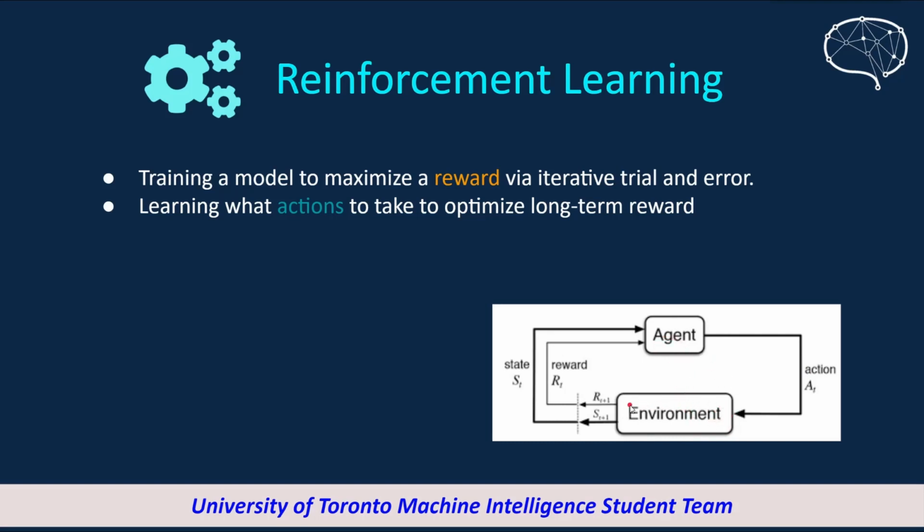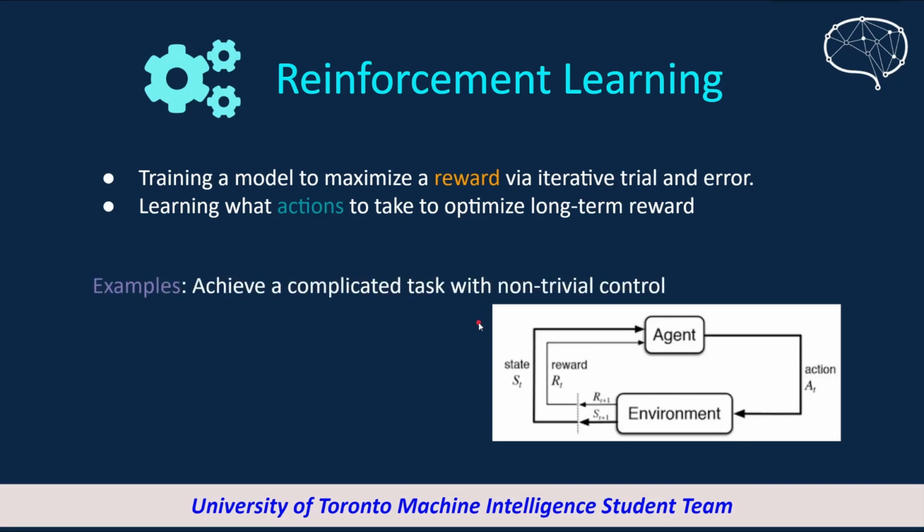And the environment will give 2 data here. One is called state, which represents the state of the agent inside the environment, and also reward. Now, this reward is very interesting because the goal of this agent is to maximize or optimize its reward, so as to represent a better performance.